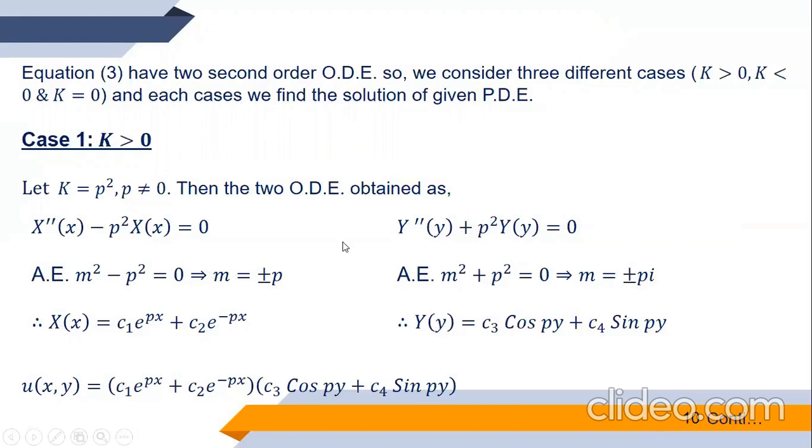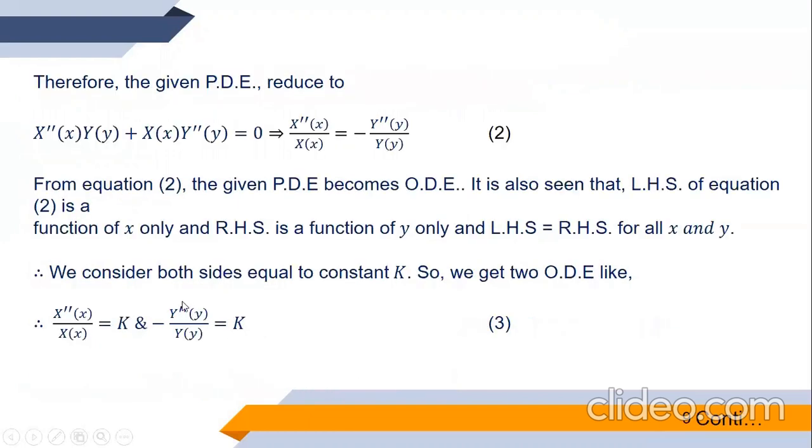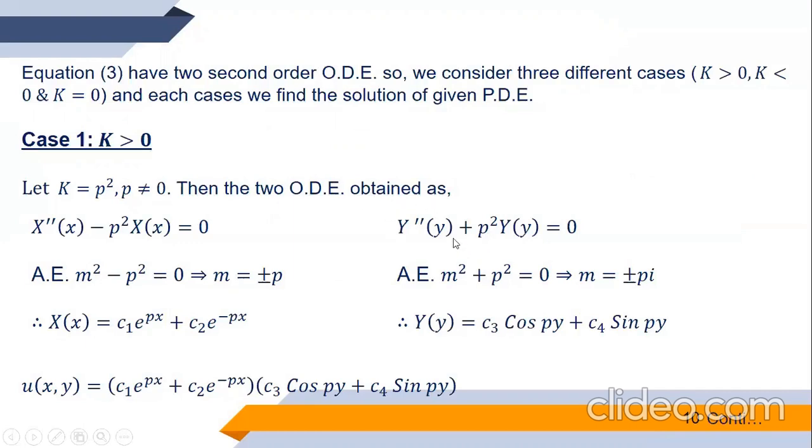Same procedure for the second ODE. We apply the same method. The second ODE converts to Y'' + p²Y = 0. So the auxiliary equation is m² + p² = 0, which implies m = ±ip.